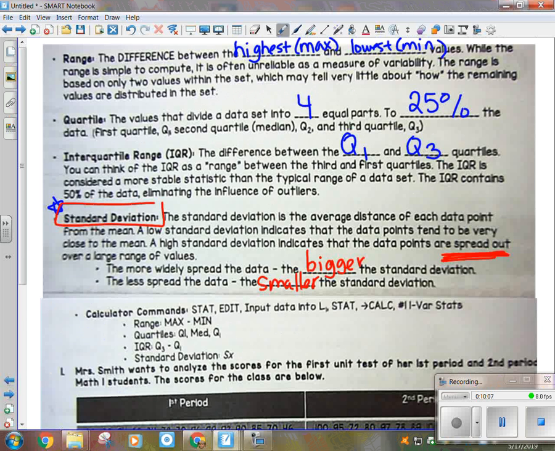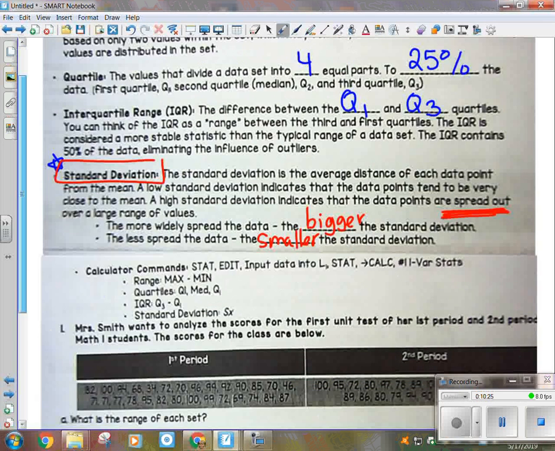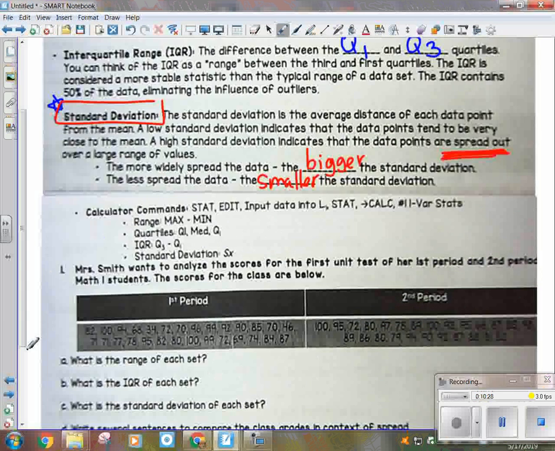That means everybody's pretty close to the average. But if it says plus or minus 10 points, that means you could be 10 points higher than the average, or you could be what? 10 points lower. That's a much larger spread of data. So if you have a large spread of data, the standard deviation is going to be big. Now, the standard deviation turns out to be something that you see on your calculator screen.